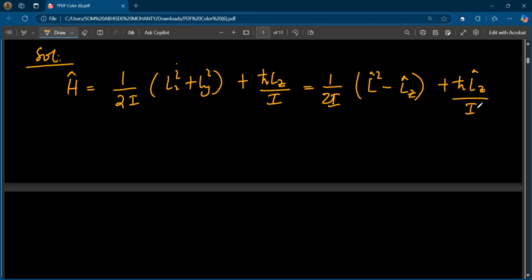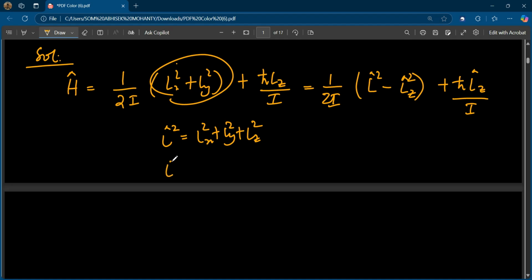This is the Hamiltonian, because we know L square is equal to Lx square plus Ly square plus Lz square, right? So I can write L square minus Lz square as Lx square plus Ly square, correct?